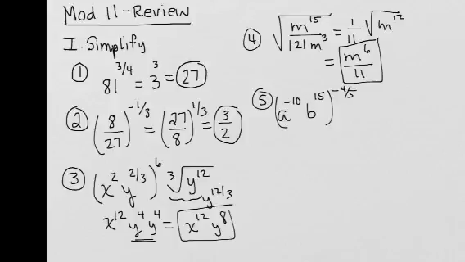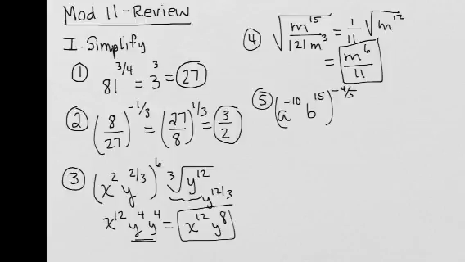Okay, and the instructions are to simplify it and leave all exponents as positive exponents. No negative exponents in your answer. That's the only condition they want you to follow. So no negatives in your exponents, all positive exponents.